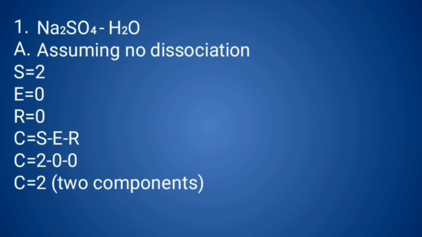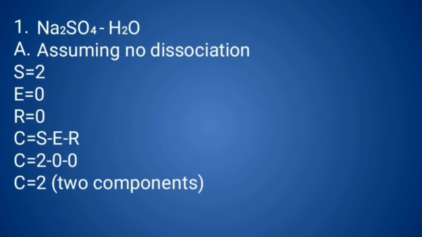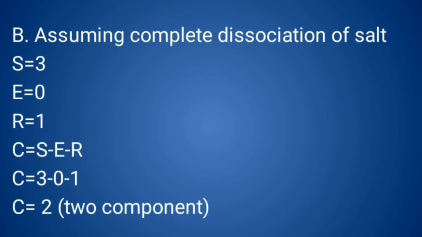So what about C? Number of components is equal to S minus E minus R. We can see the total number of constituents is 2, that is Na2SO4 and H2O, right? So C is equal to 2 and this is a 2 component system. Now, if we assume that there is complete dissociation of the salt, so we are talking about Na2SO4 H2O, then S will be 3.